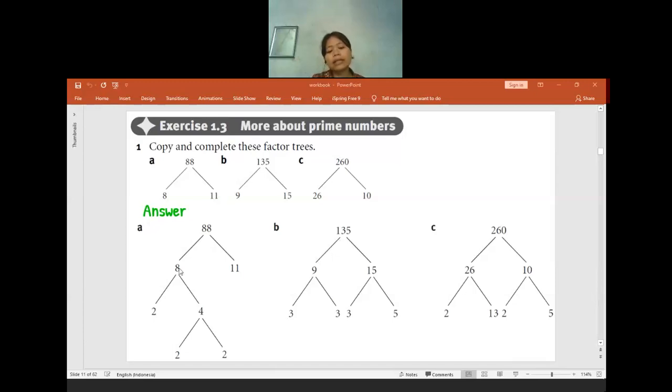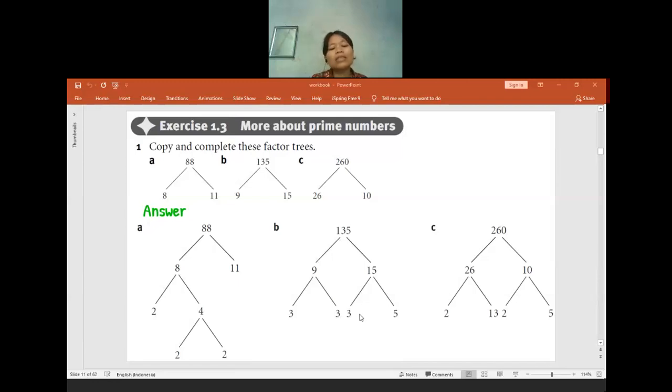But 8 is not a prime number, so I have to add branches: 2 and 4. 4 is not a prime number, so I make another branch, breaking it into 2 times 2. Do the same for all the numbers. When a number is not prime, I make a branch until all the numbers at the end are prime numbers.